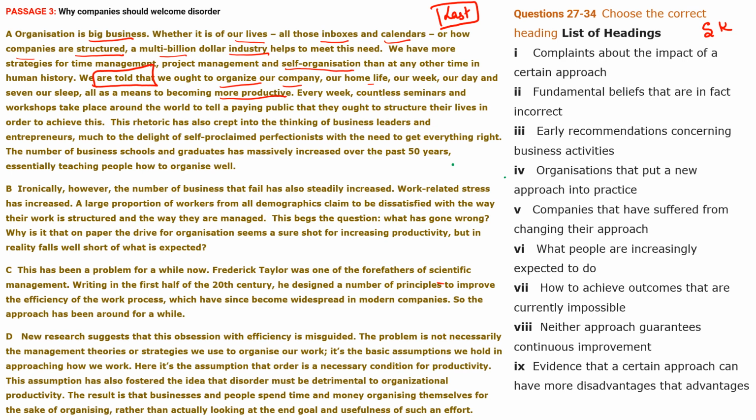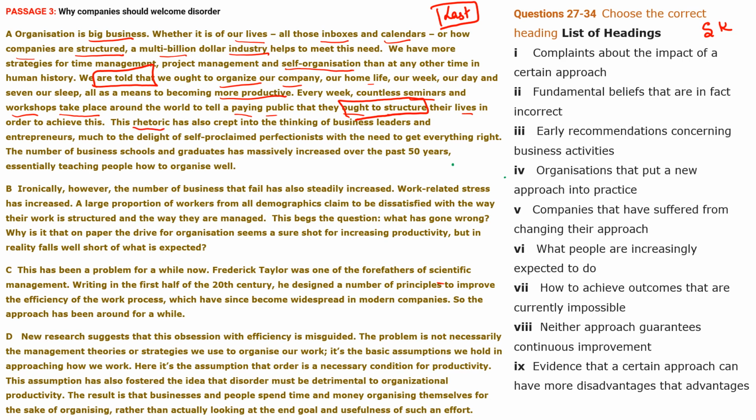You are told by the people, you are told by the management. Every week seminars and workshops take place around the world, telling the public that they ought to structure their life. So again, firms conduct some research, some seminars, in order to tell you how you should structure and plan your life.